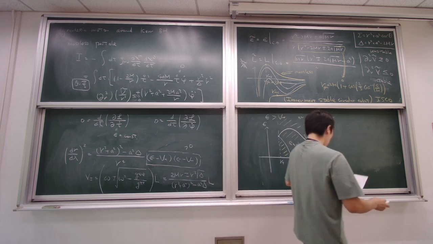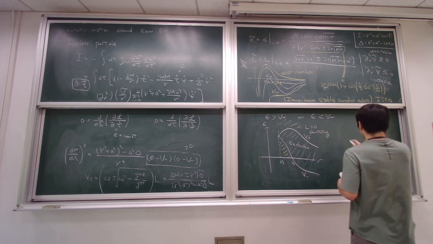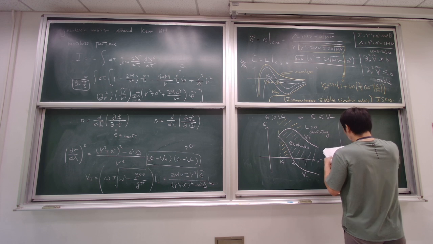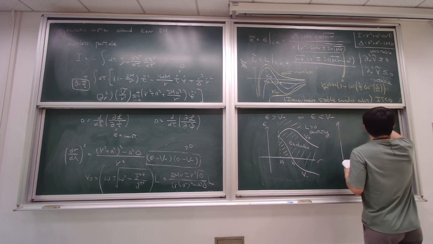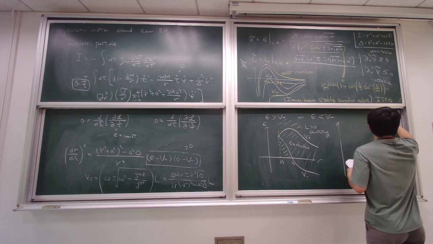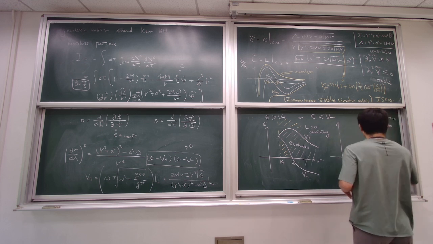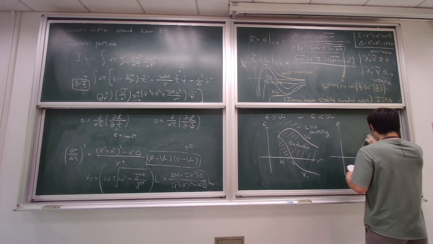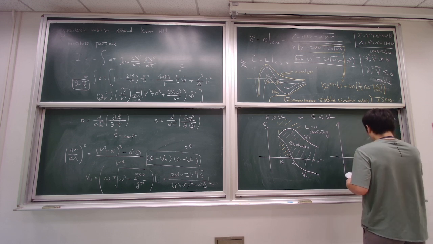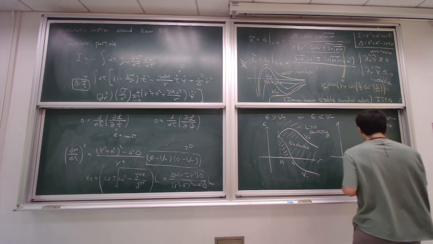On the other hand, when L is negative, this is counter-rotating. For counter-rotating, the function has the opposite behavior, something like this.